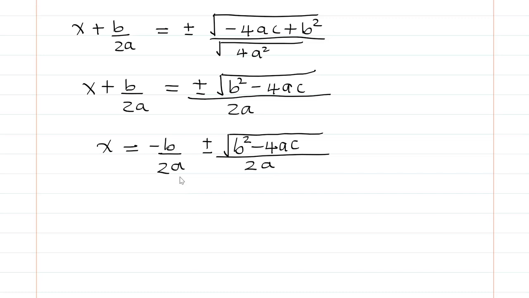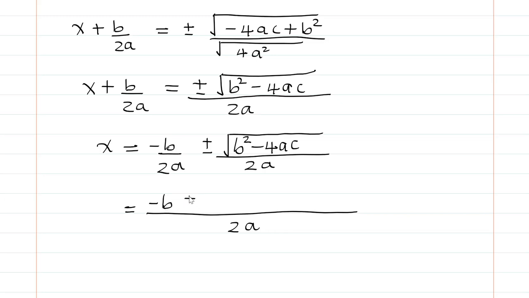If you look here, we have a common denominator of 2a. If we have a common denominator of 2a, then the LCM is 2a. So the LCM here, or the common denominator, is 2a. And then on the numerator, we just keep all the numbers of the numerator because they have the same denominator. 2a divided by 2a is 1. 1 times negative b, we get negative b.